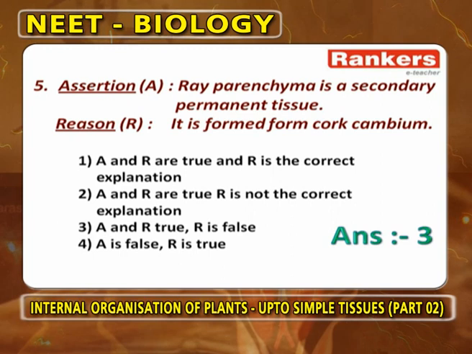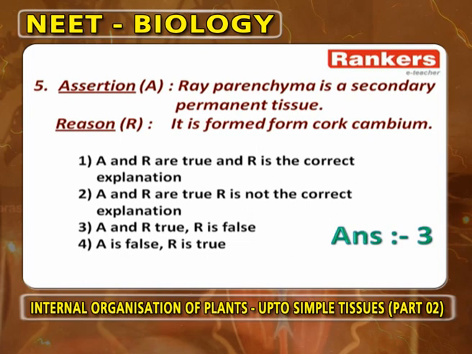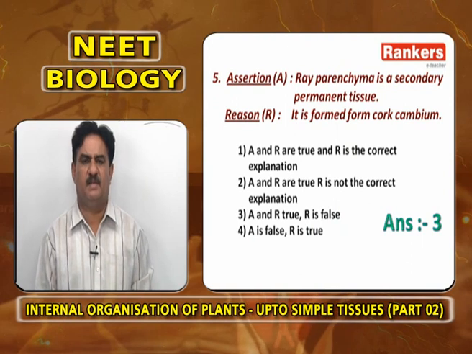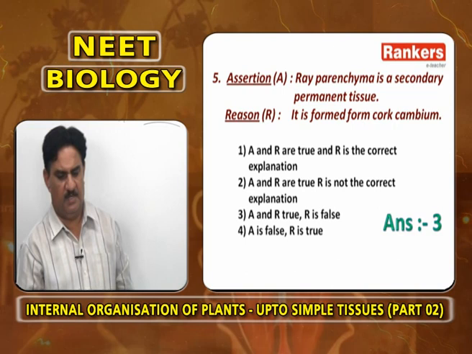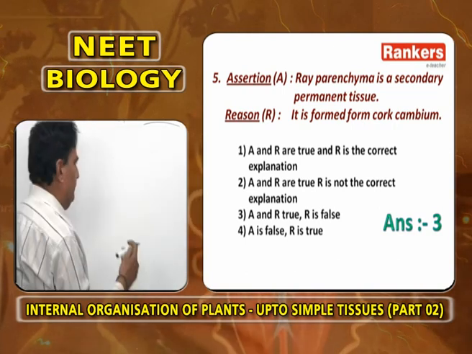It is an assertion: ray parenchyma is a secondary permanent tissue. This is correct because ray parenchyma is formed during intrastelar secondary growth. It is a secondary permanent tissue. The reason, that it is formed from cork cambium, is wrong. Why?